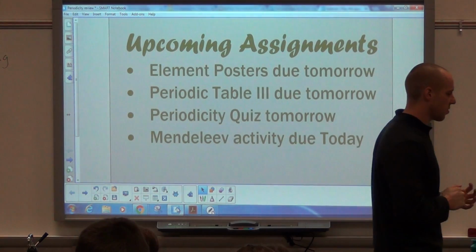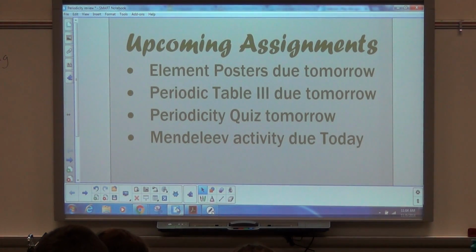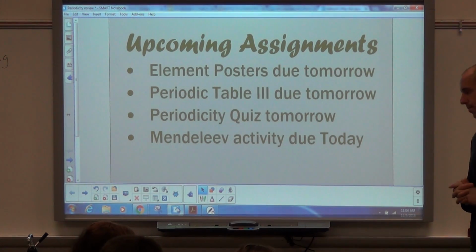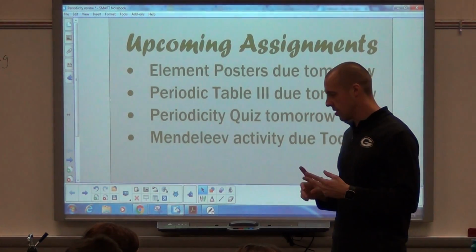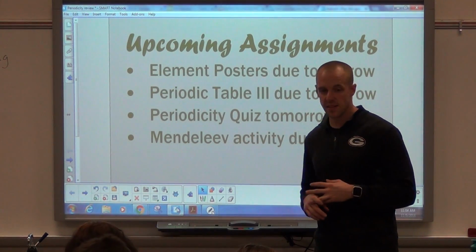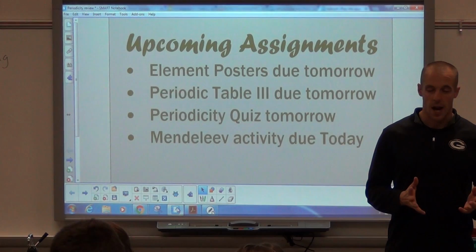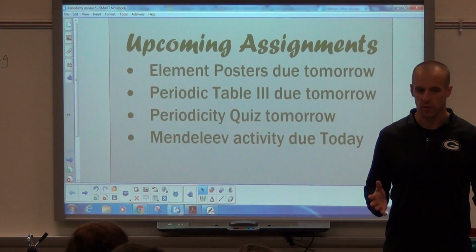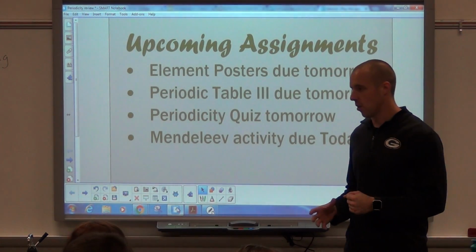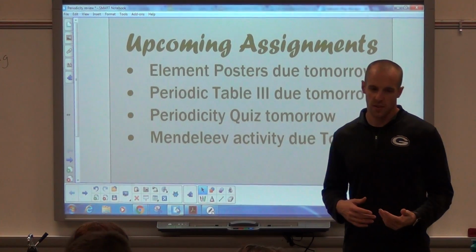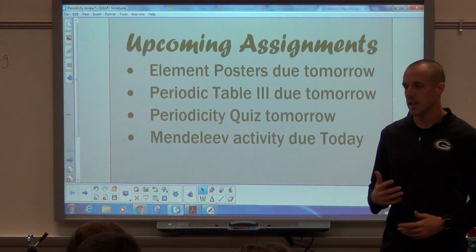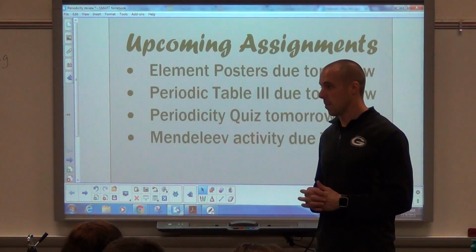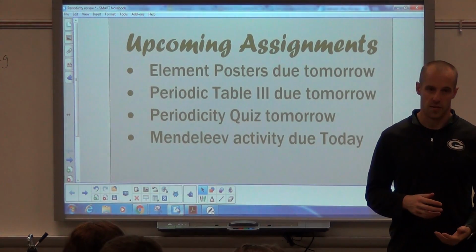A couple other reminders with that. Remember that you need to have your element name, symbol, atomic mass, and atomic number. They need to be broken up, right? If you can't have those all from one printed out thing, you need to be a little bit creative with that in order to get full points. They need to be full size so that somebody can read them from a distance.